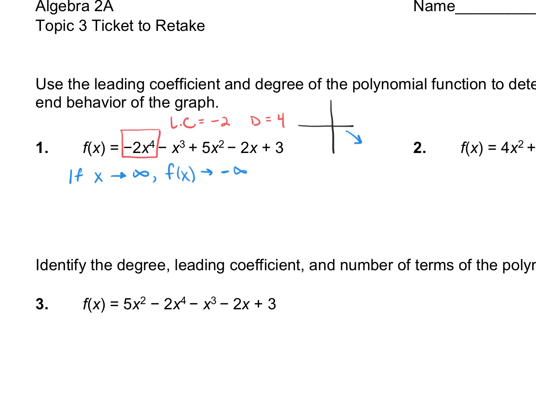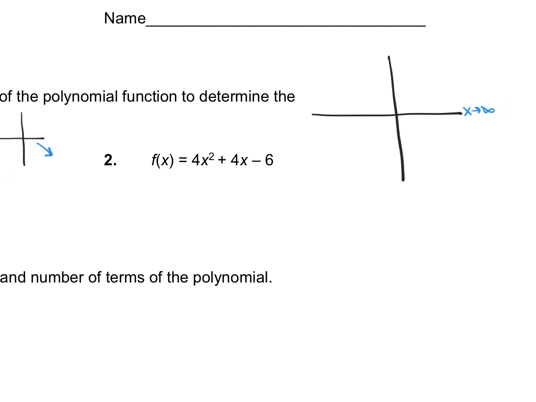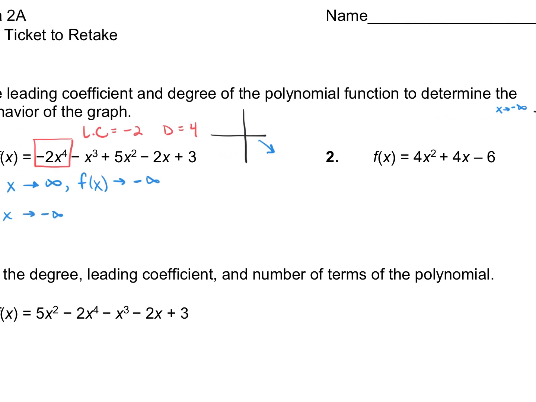So the end behavior on the left side, we're going to say if x approaches negative infinity. So again, if I come back here to our x-axis, x approaching negative infinity is the left side of your graph. All of our x values as we head out this way are going to get smaller, smaller, smaller, heading toward negative infinity.